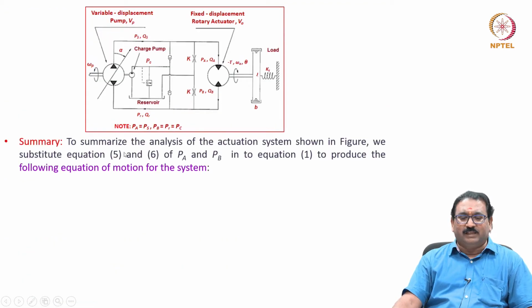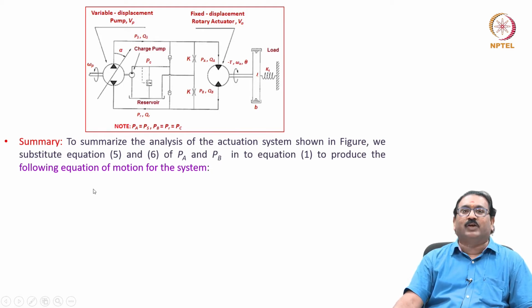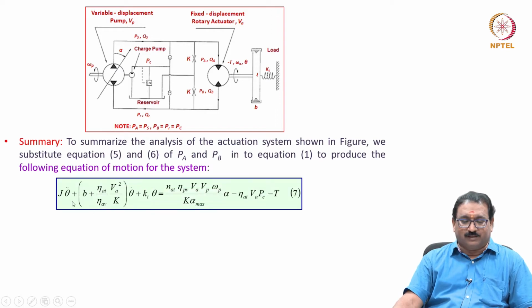Quickly I will summarize this. To summarize the analysis of the actuation system shown in the figure, we substitute equations 5 and 6 for PA and PB in equation 1 to produce the equation of motion of the system.